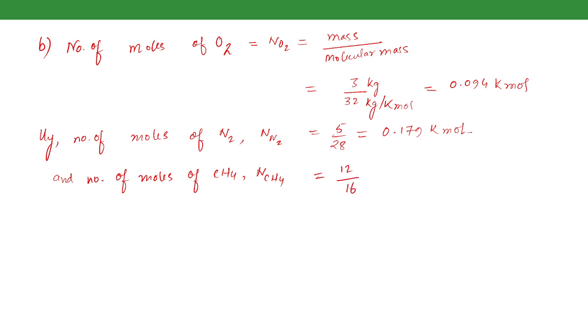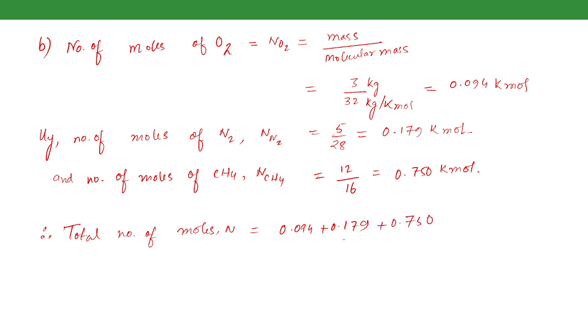These are the molecular masses in kg per kilomole, and it comes out to be 0.750 kilomole. Therefore the total number of moles N is the sum of these three. So this is 1.023 kilomole.